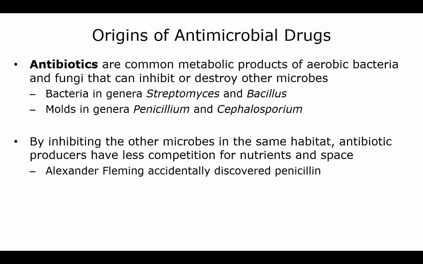For example, bacteria in the genera Streptomyces and Bacillus, and molds in the genera Penicillium and Cephalosporium. And so by inhibiting the other microbes in that habitat, these ones that produce the antibiotics have less competition for nutrients and space. And this is how Alexander Fleming discovered penicillin accidentally with the mold that was on food, that it came from there.